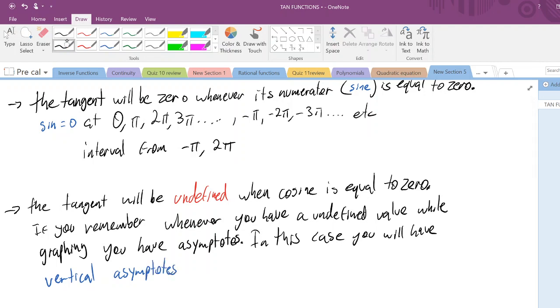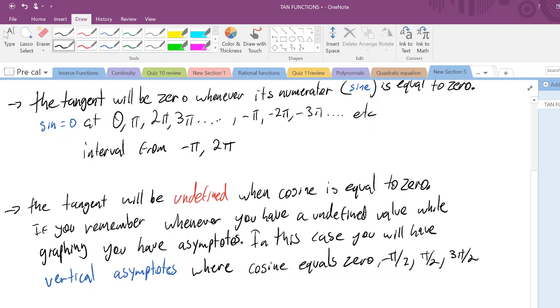So why will I have vertical asymptotes? I'll tell you right now. Where cosine equals 0: negative pi over 2, pi over 2, 3 pi over 2. The reason you're going to have vertical asymptotes is, if I told you before, cosine is x, sine is y.